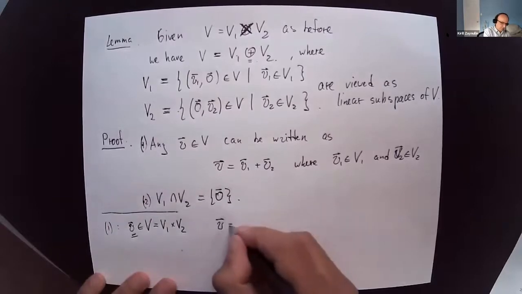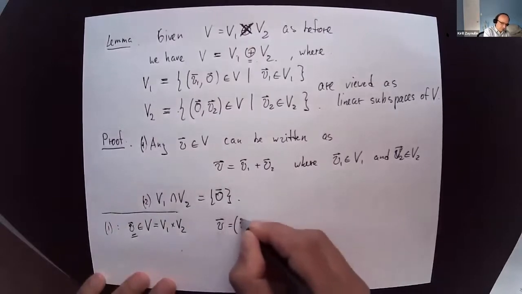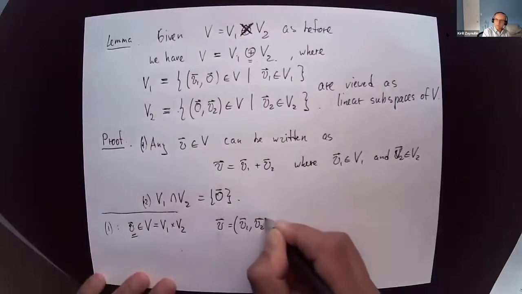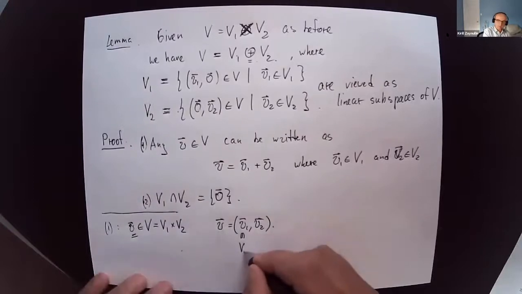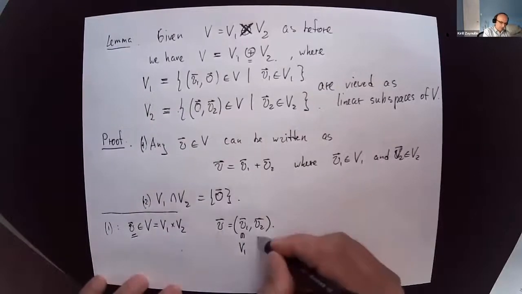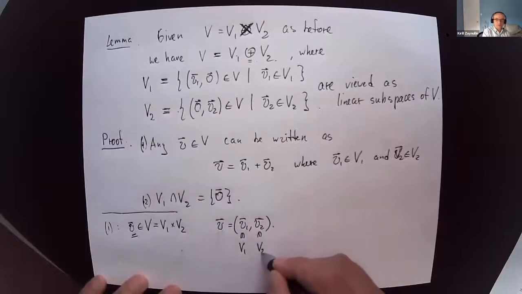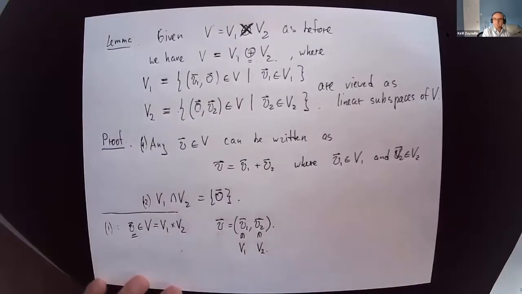So V is just, say, V1 and V2. That's a definition of the product of two sets, where this is taken from the first set and the second coordinate is taken from the second set, right?